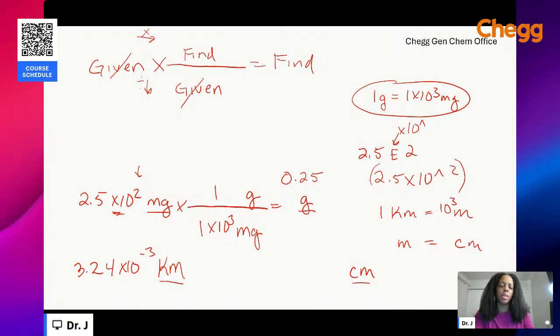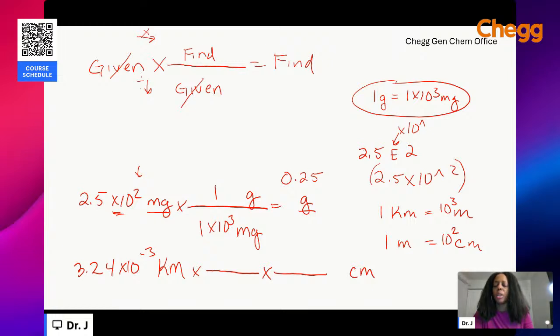So there's 1,000 meters in a kilometer. And I also know that 1 meter is equal to 10 to the 2nd centimeters. And so now knowing those conversions, again, hopefully you have those memorized or you'll have them as a resource. I know that this is going to take 2 steps because I have to go from kilometers to meters first and then meters to centimeters.